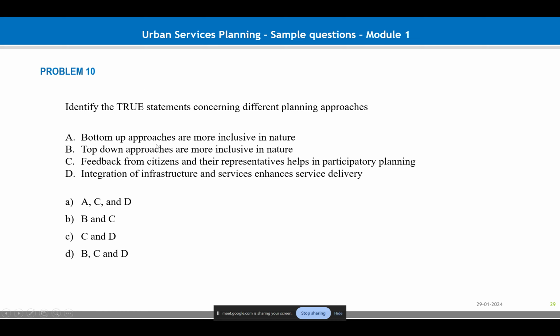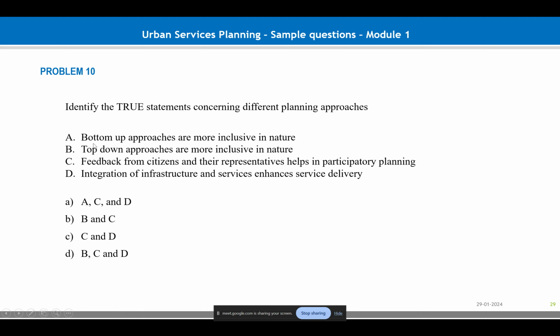So in top-down approach, the decision comes from the top, from the head, and then it goes to the subheads who look into methods of how that can be executed, and then it goes down and finally reaches the people. And people's participation might not be much in that decision making, which is why people won't feel included. Exactly what I was discussing before.